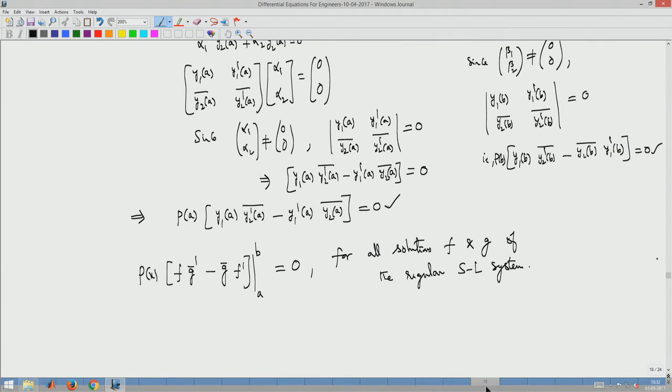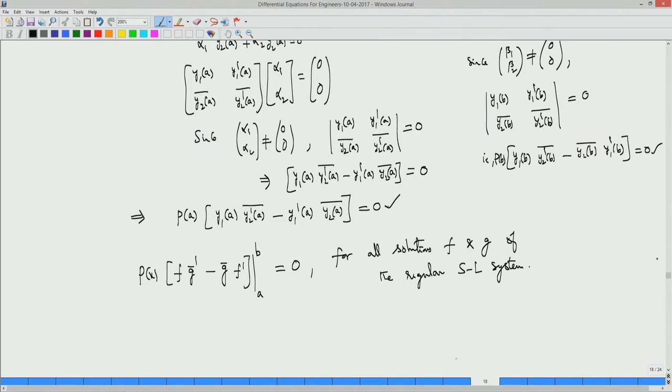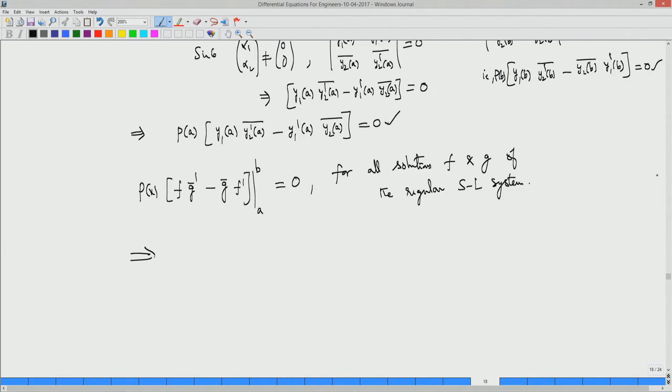So if you take two solutions of the SL system for some lambda, where lambda is a parameter, that special term will become 0. So this simply gives you that L f, g is nothing but f, L g, that makes it 0. This is true for every f and g solutions of this system.